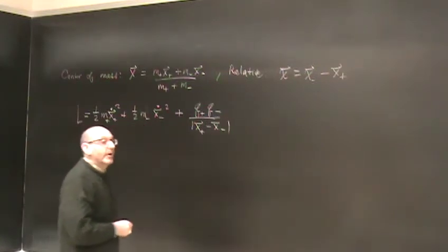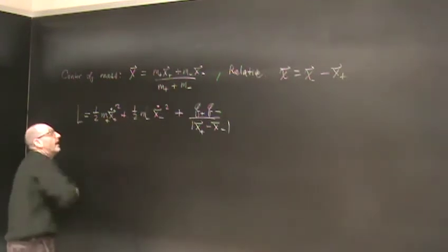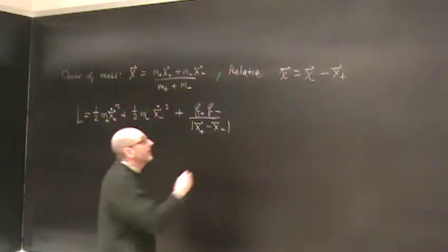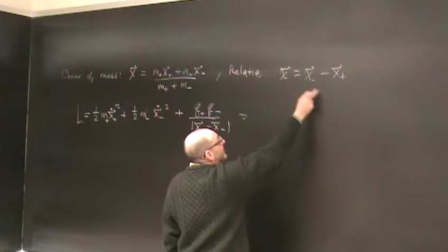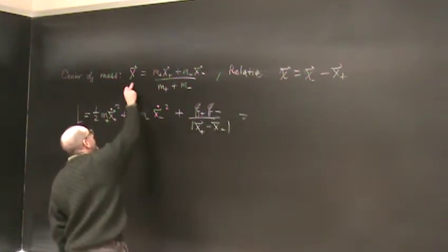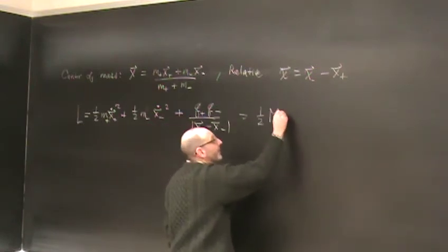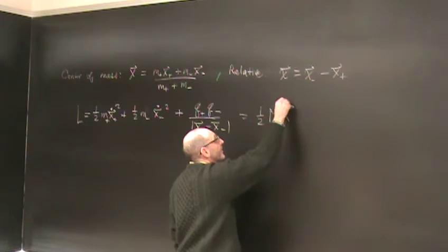Okay? And when I re-express that, solve for x plus and x minus in terms of the center of mass and relative coordinates, you get the following. I'm not going to go through the algebra, it's pretty straightforward.